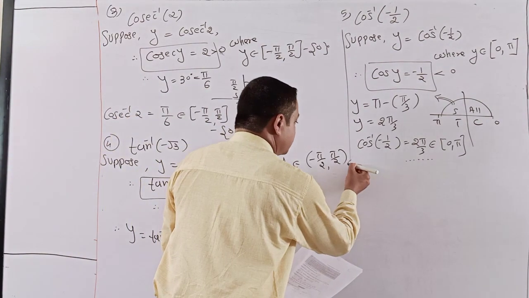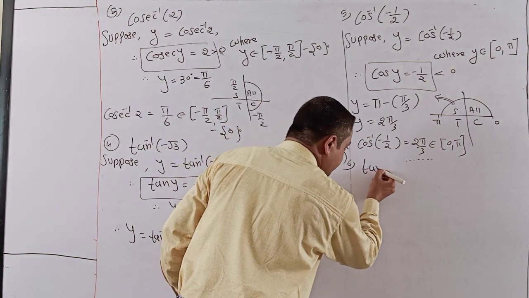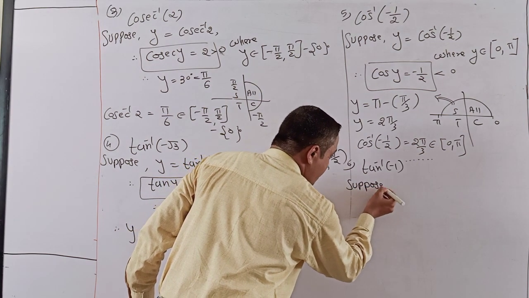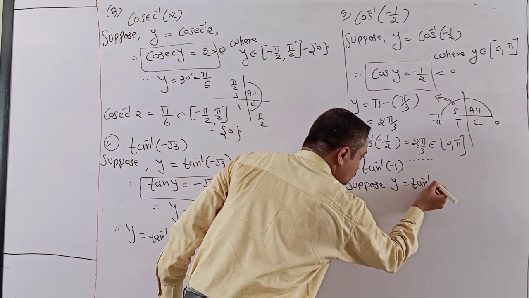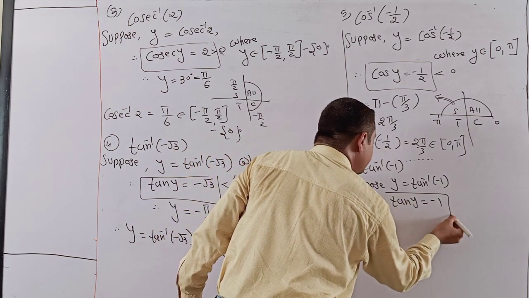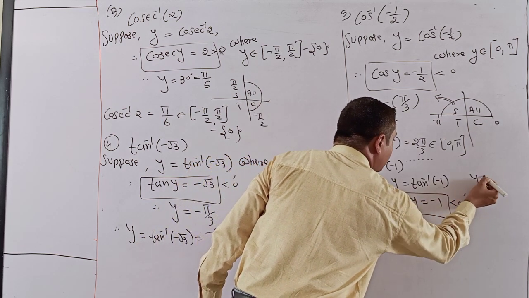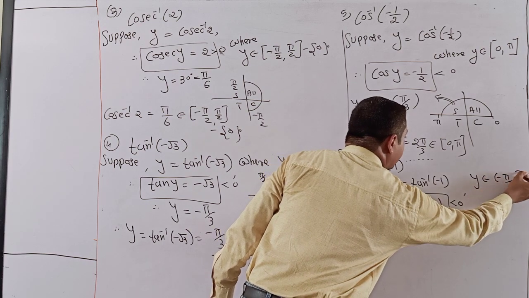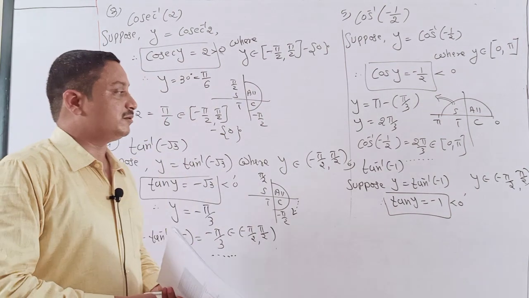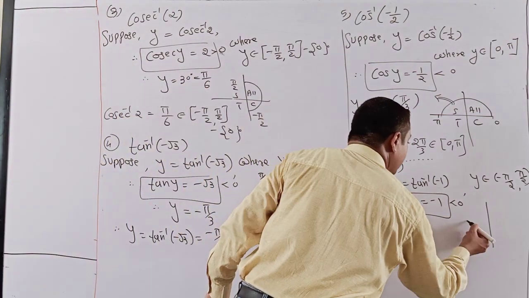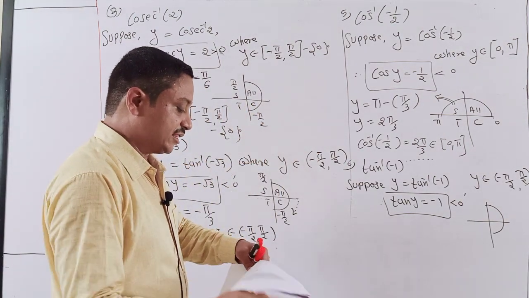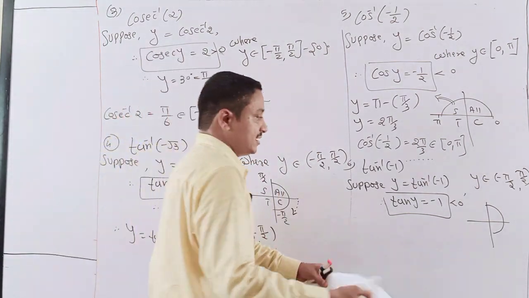Continue. Sixth one: tan inverse of minus 1. Similarly, suppose y is equal to your question. So what is tan y? Minus 1, it is less than 0. y belongs to our range, the open bracket minus 90 to 90. It means drawing, students, the same. This is your minus 90 to 90 range. Say in which quadrant tan is negative here, students.